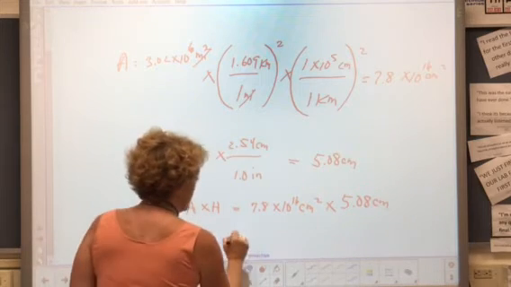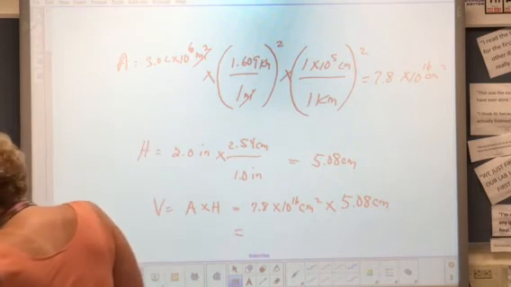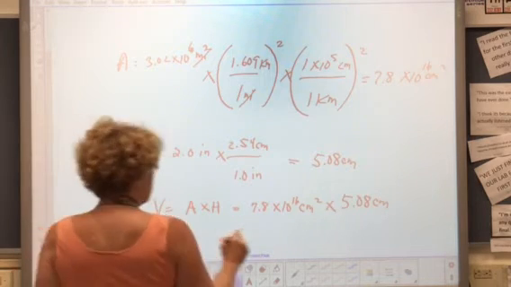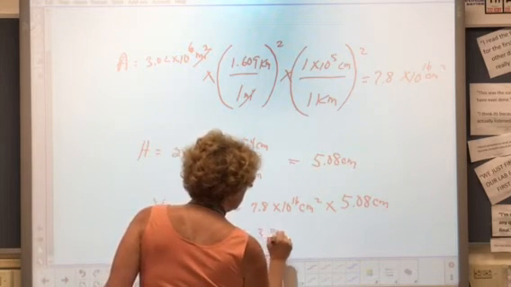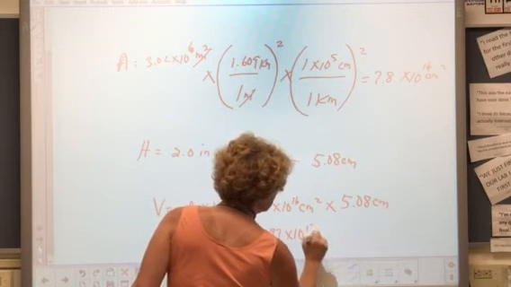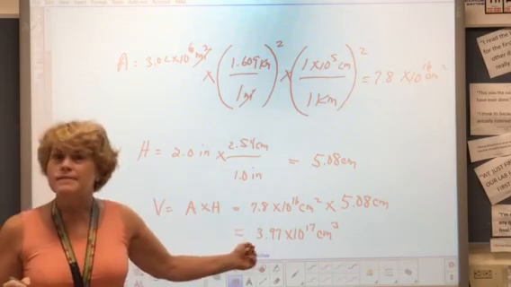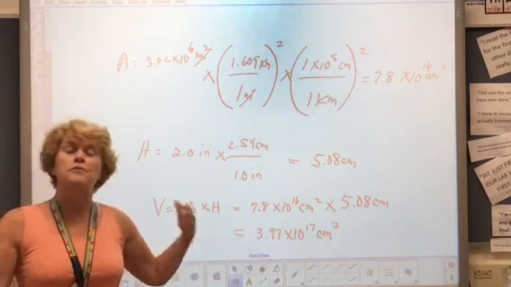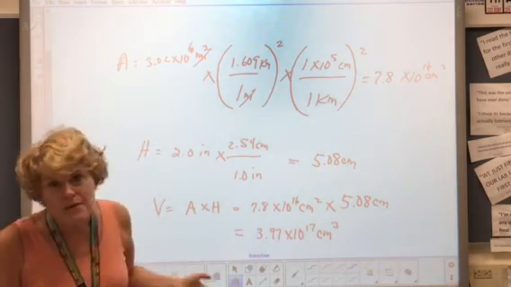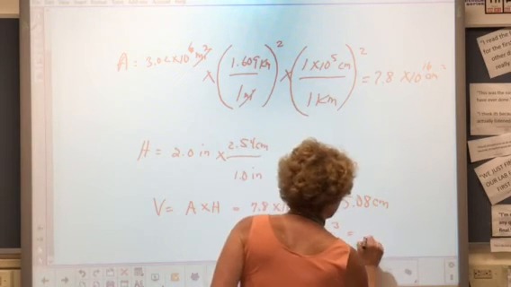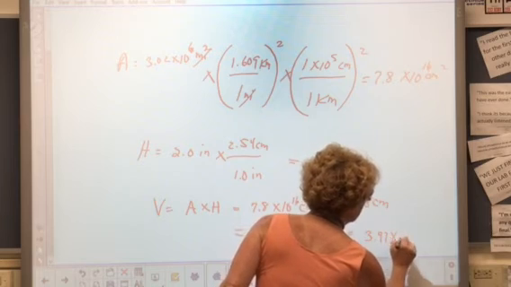And that gives me a value of 3.97 times 10 to the 17th centimeters cubed. And so since this is my answer in centimeters cubed, what do we remember? That 1 centimeter cubed equals 1 milliliter. So it's also my answer in milliliters.